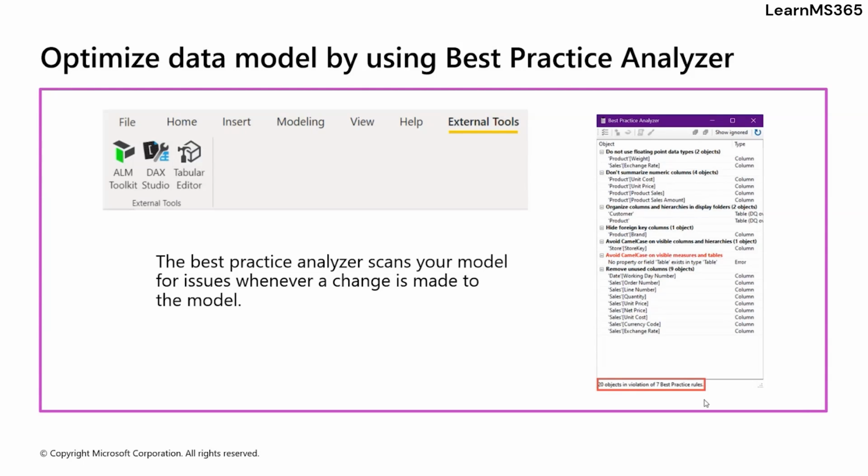To use the predefined BPA rules, we can download the BPARules.json file from the GitHub repository, and the rules are divided into categories for easier viewing, for example, performance, DAX expressions, error prevention, formatting, and maintenance.